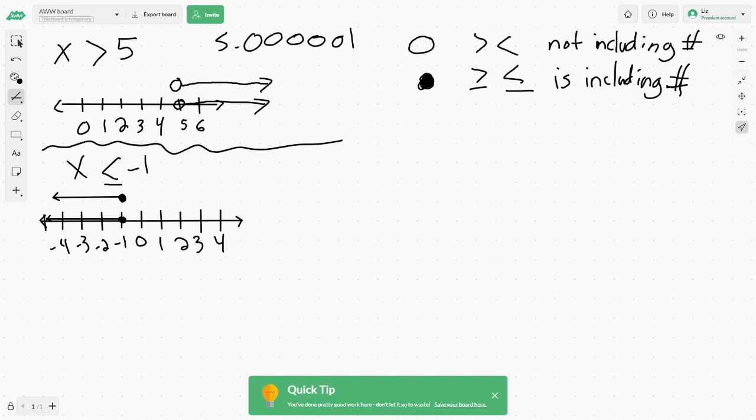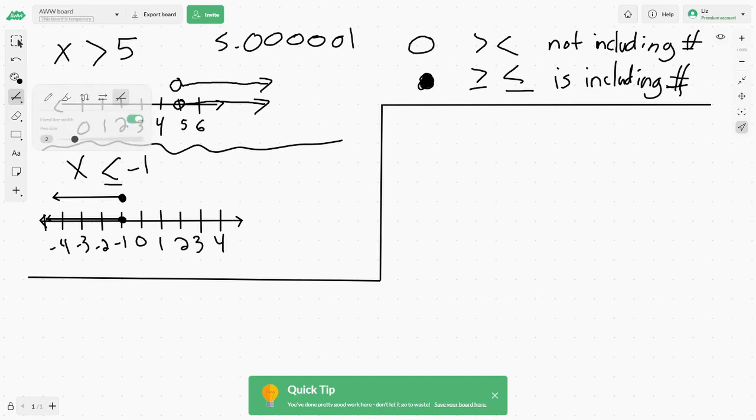Now let's look at solving some inequalities. When you're solving an inequality, for the most part, you're going to solve it just like you would a regular equation. Since 3 is being multiplied by x, I'm just going to divide.